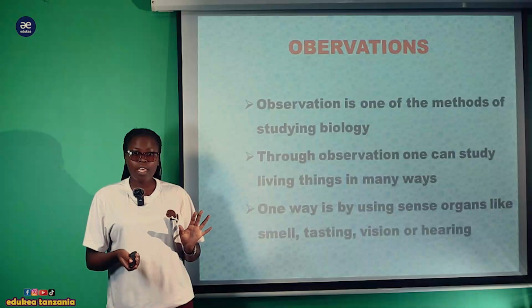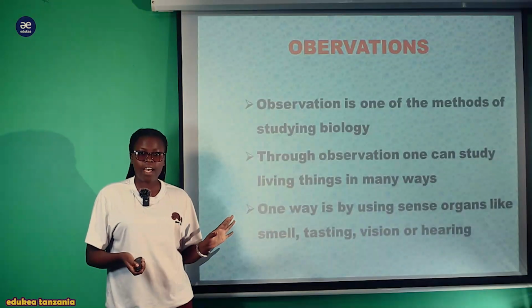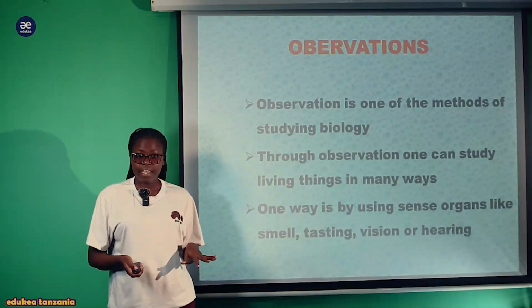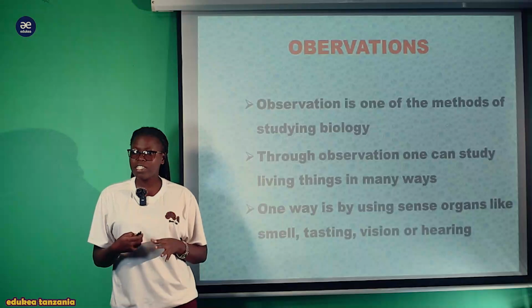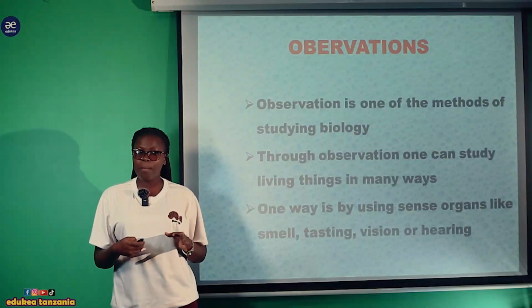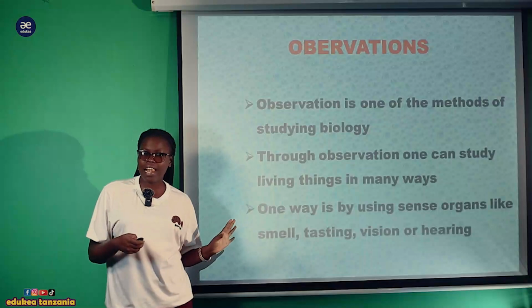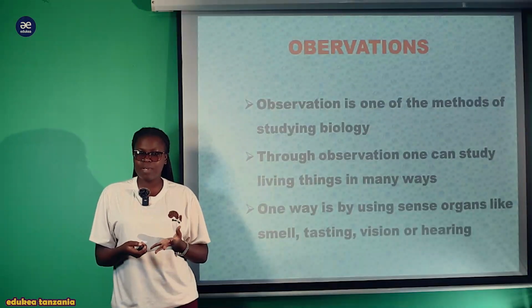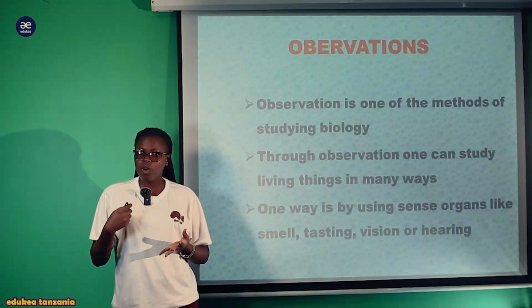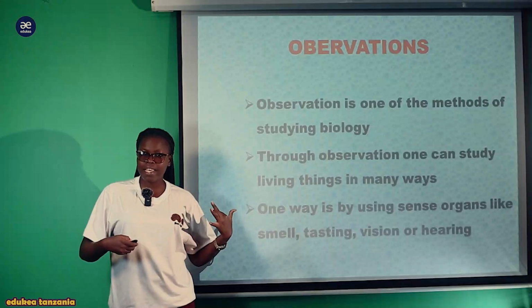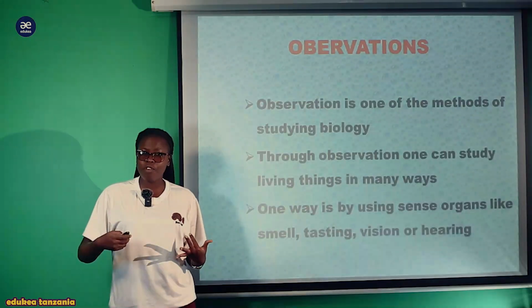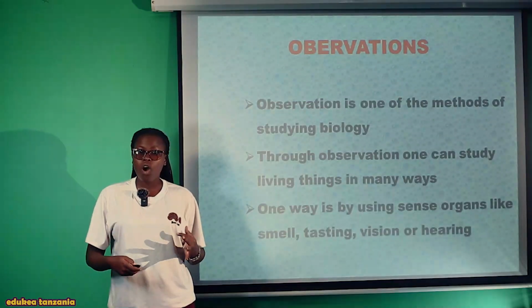Let's take an example. If you see a snail, the way the snail looks, you come up with the question: why does the snail have that particular kind of shell? That is observation. By using your eyes, you observe the structure of the shell of the snail.